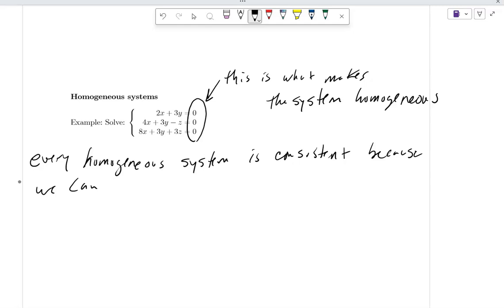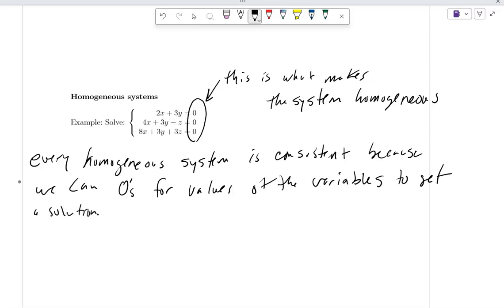The reason why it's consistent is because we can use zeros for the values of the variables to get a solution. They're always consistent. We refer to this as the trivial solution.